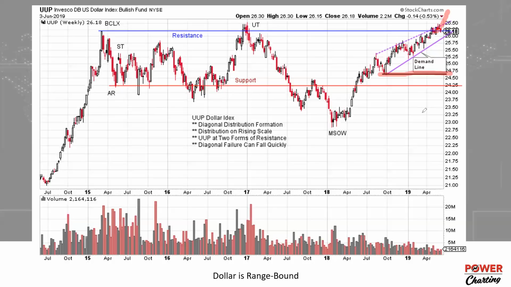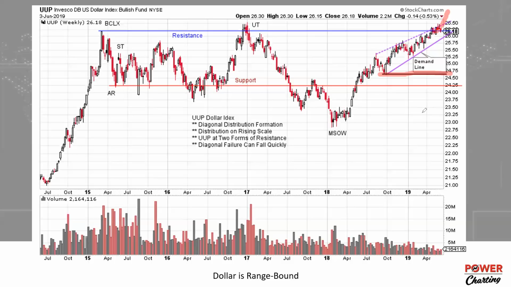So we want to talk about the conditions under which we could have a bout of weakness in the dollar and what that might mean for the gold market and potentially for the stock market. So we can see here that we have this constricting triangle.